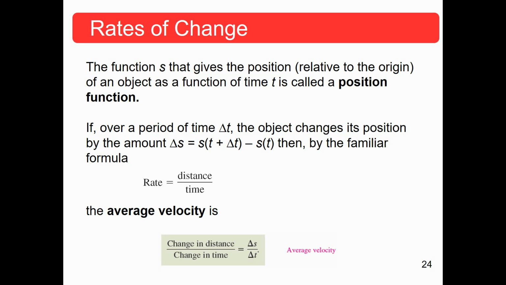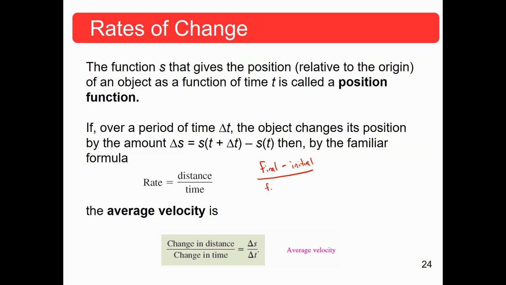So we're going to call s the position function at a specific time, and we're going to use a formula to figure this stuff out, right? We're going to use the fact that rate equals distance divided by time. The distance is going to be final minus initial.